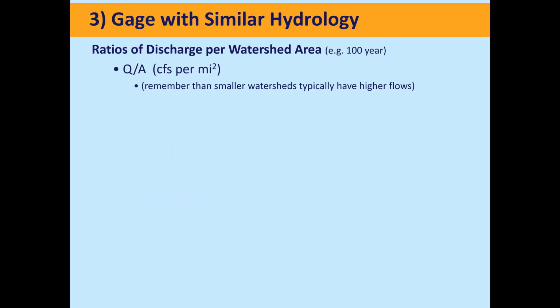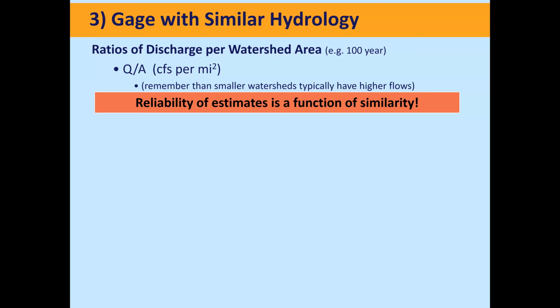You can also just use a discharge per watershed area approach, where you take a gauge with similar hydrologic setting and work up how much discharge comes out of that watershed, depending on your flood interval per square mile, basically, and then just relate that to the watershed area of your crossing. So I'll work through an example here, but caveat there: remember, it still relates to how similar those watersheds are.